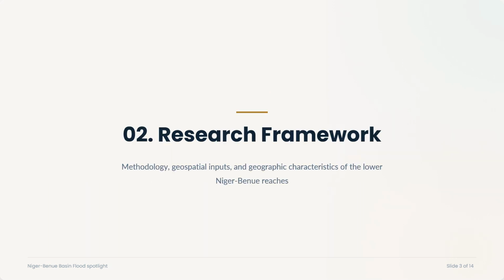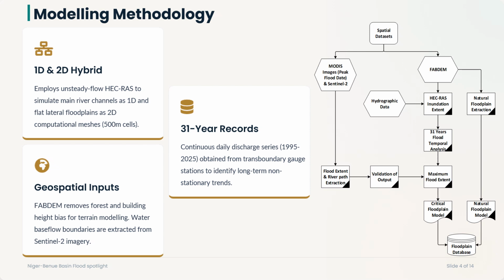The research framework. This research is centered on using a 2D and 1D hybrid HEC-RAS modeling approach, which was fed with 31 years of hydrological data captured with sensors on the river gauge stations, and also the FABDEM, which was preferred because it removes forest and building biases from the elevation.